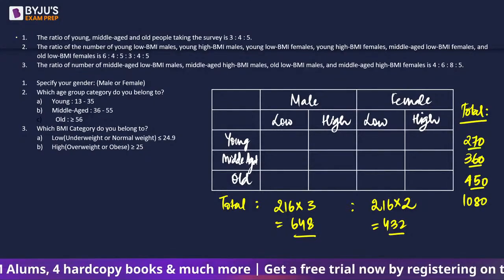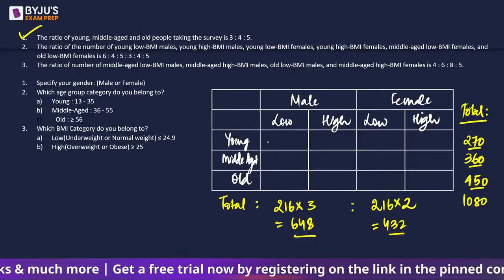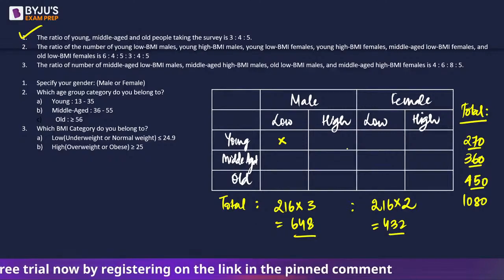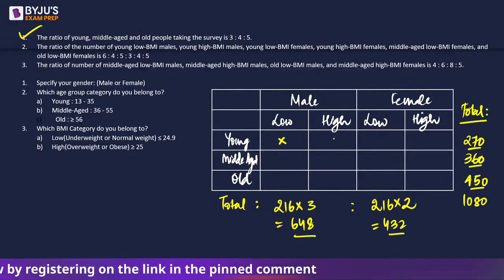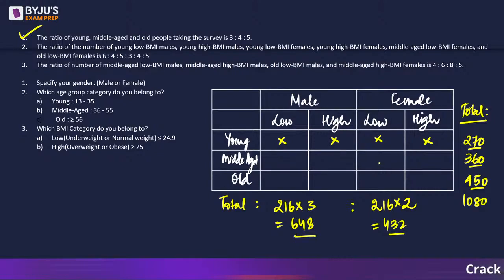Okay, the next statement. The ratio of number of young low BMI males, young high BMI males, young low BMI females, young high BMI females, middle-aged low BMI females, and old low BMI females is in this ratio.